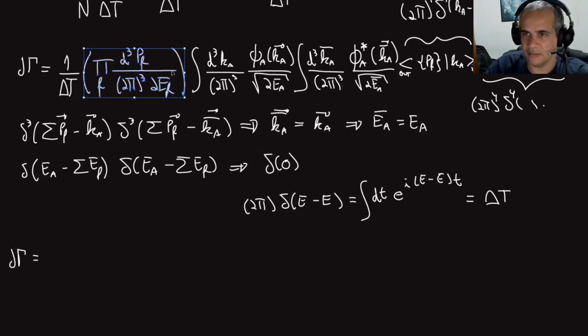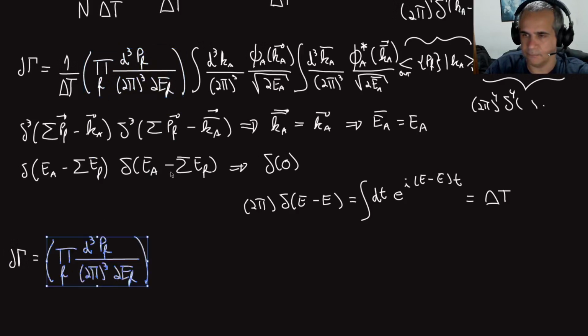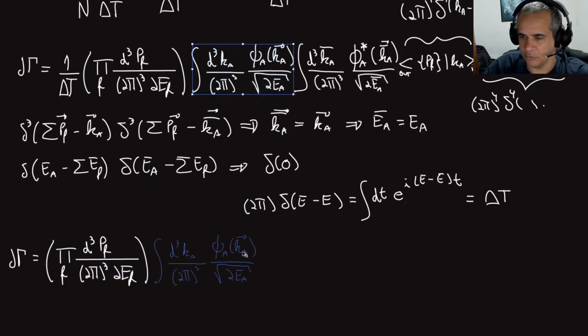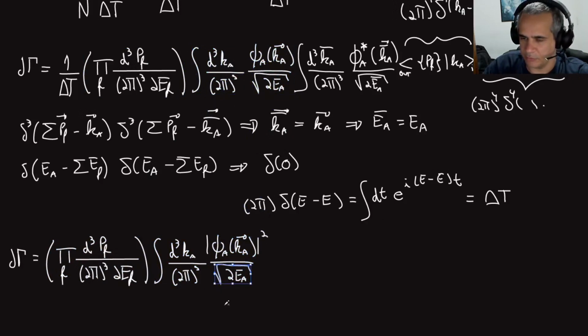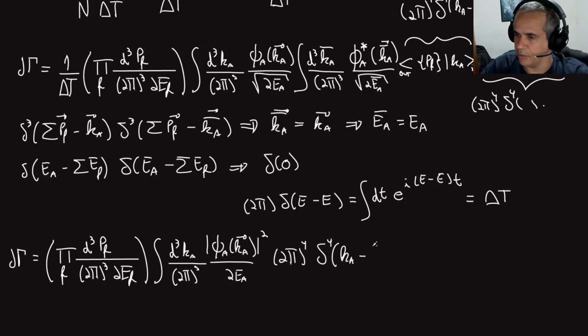This stays, this comes over here, but now is squared, and the square root goes away. And what else? Okay, 2π to the 4th delta 4 of Ka minus sum over Pf, which is the energy momentum conservation, which I want to keep there.